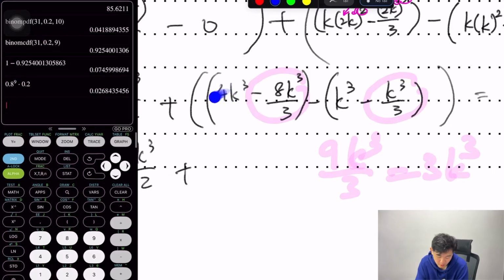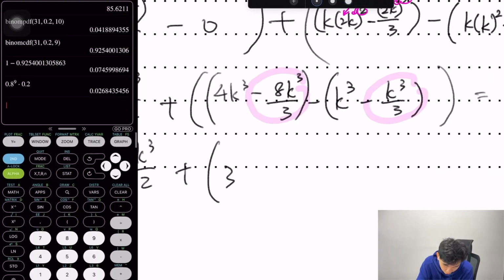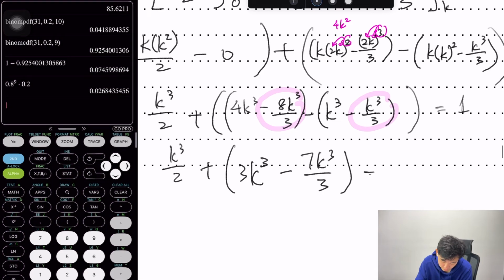So 4k cubed minus, and my plus, so that's a 7. I was wrong on this one, my bad. So 4k cubed minus 3 means we only have 3k cubed there. And mine is actually not 9, but 7k cubed over 3, and then equals 1.